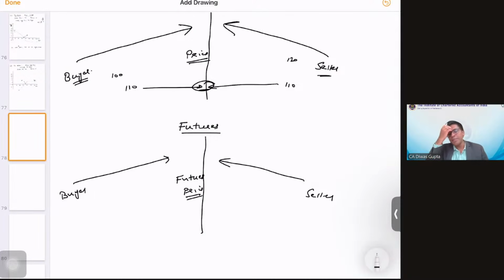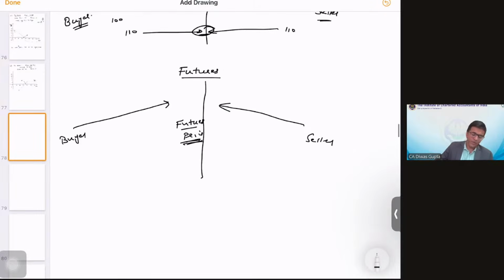And students, all of you remember that we have already discussed how to calculate the future prices, right? Through the present value and future value formula. Future prices will be equal to the present value multiplied by the respective compounding rate. Using that, we will calculate the future prices. Clear?